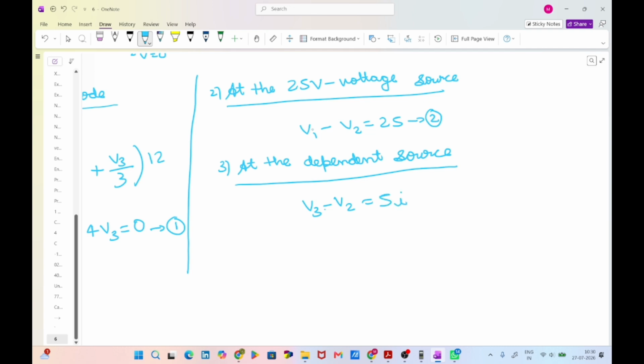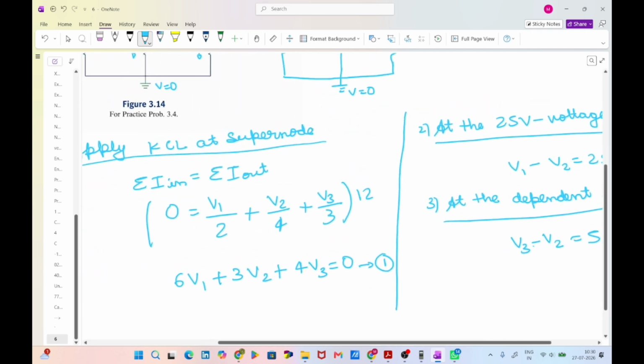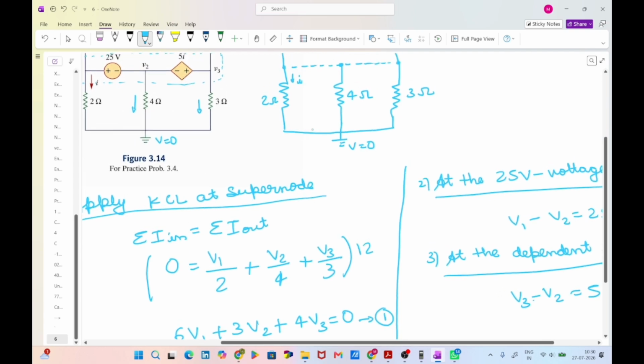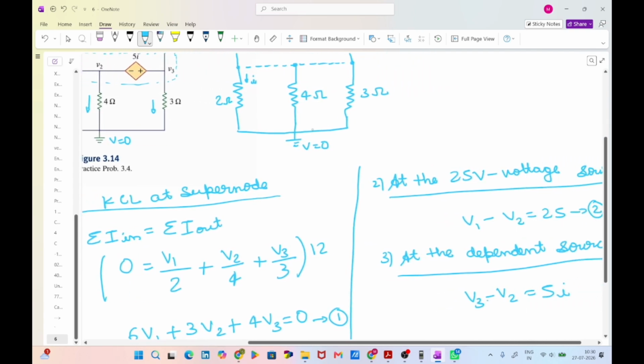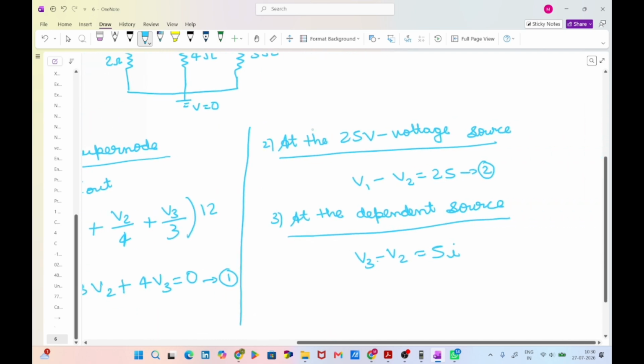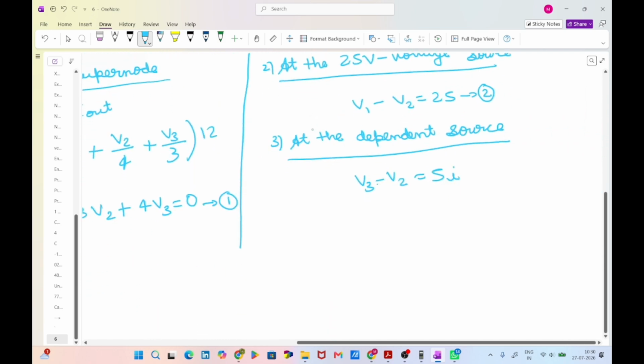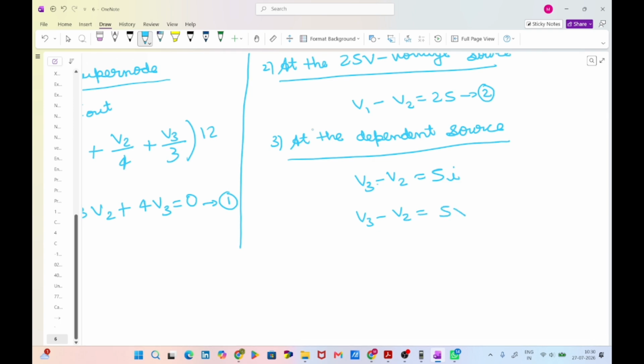We need to find what I is from the circuit. I is equal to (V1 minus 0) by 2, that is V1 by 2. So V3 minus V2 is equal to 5 into V1 by 2.